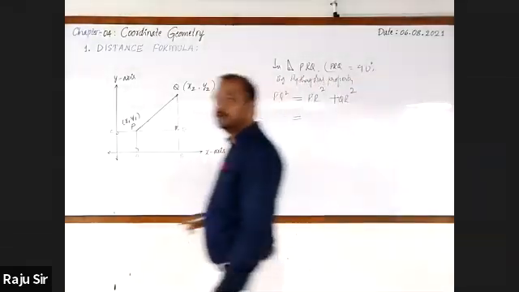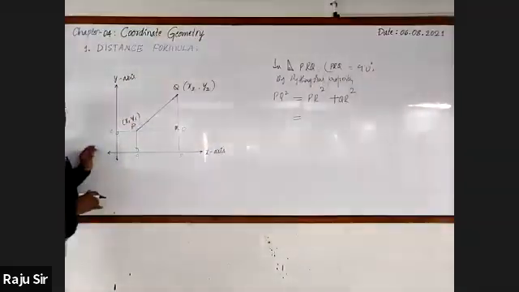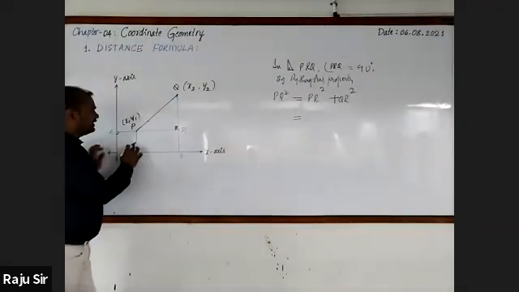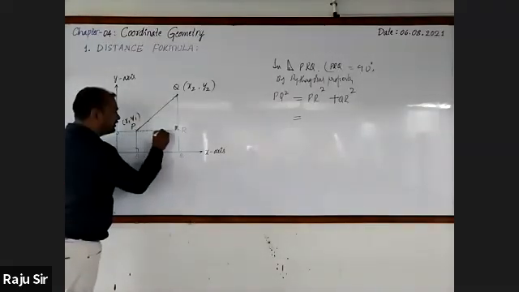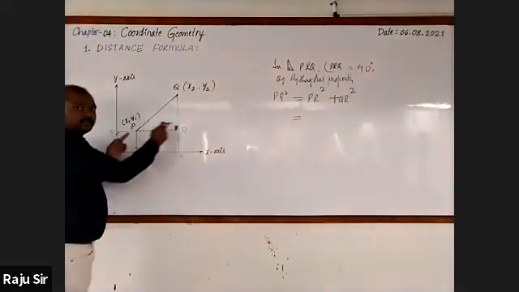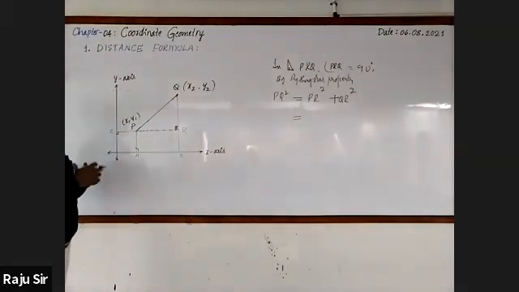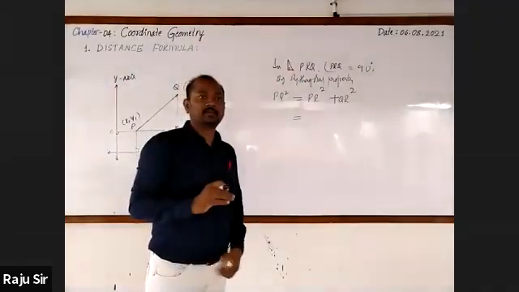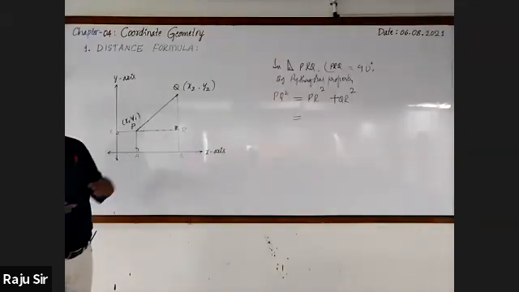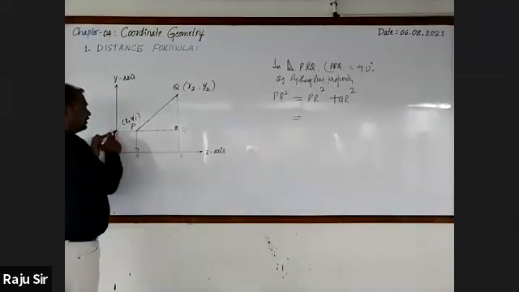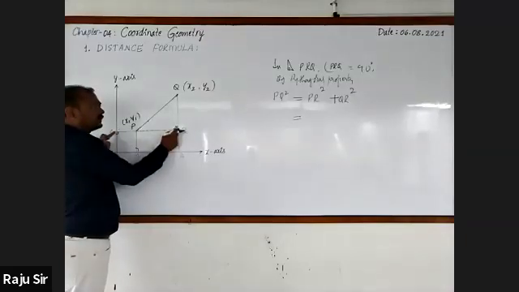Then what is PR? PR is the horizontal distance in the Cartesian plane, CR minus CP. The x-coordinate gives the horizontal distance and the y-coordinate, the ordinate, gives the vertical distance.